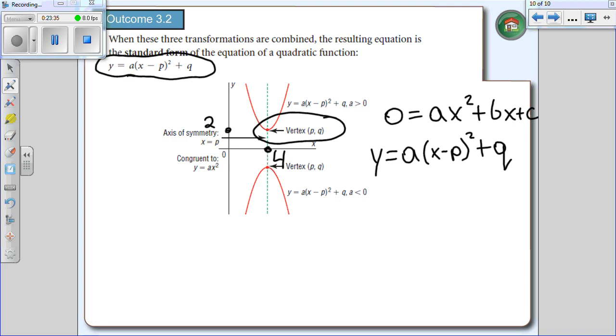It just looks weird in this format. It's really tricky. It's going to take practice. That's okay. And tomorrow we're going to do a lot of questions with this stuff. Any other questions?